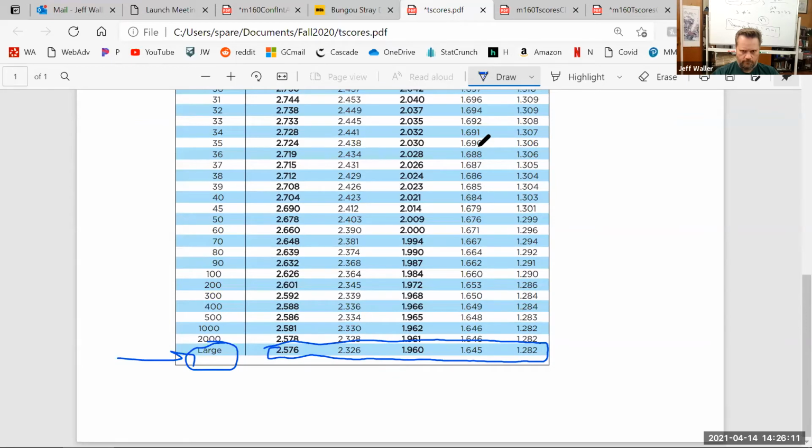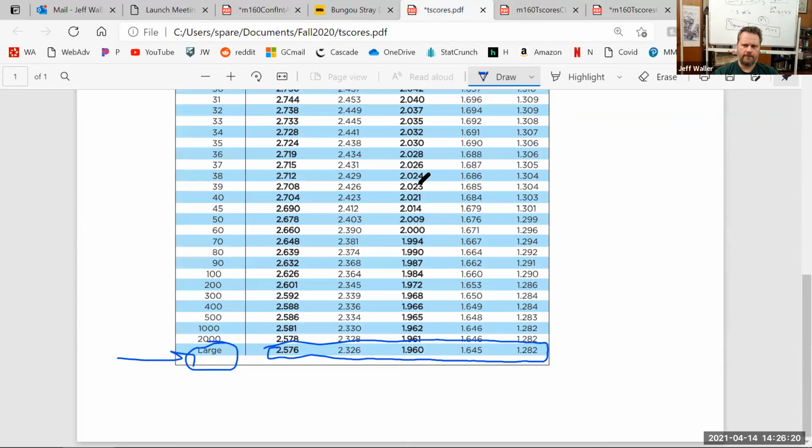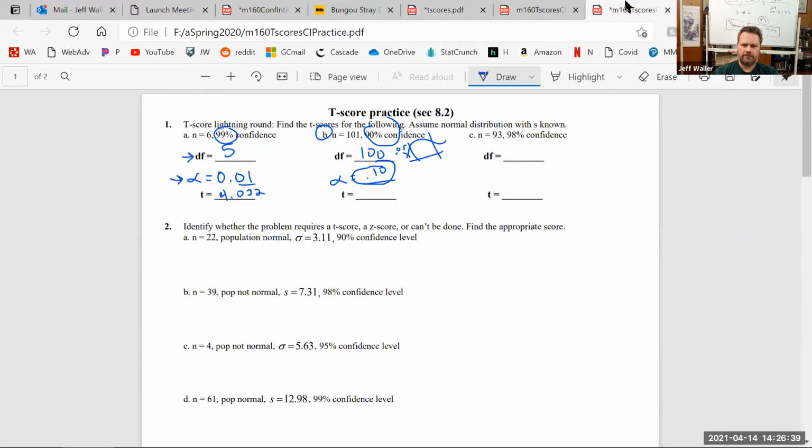What's the degrees of freedom? Oh, 100. Yeah. So I'm going to stop at 100. You guys get that? Is that all right? 1.66. So instead of using 1.645 in the confidence interval formula, I would put a 1.660. That's what it does. So the actual nuts and bolts of what this does is not going to be that big.